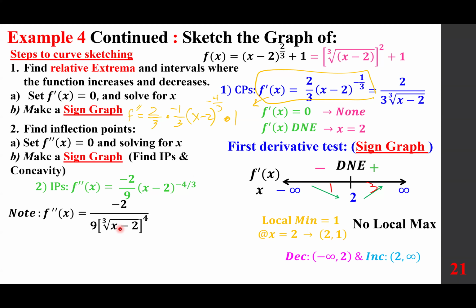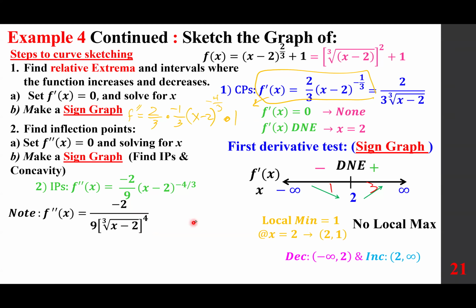Now, before we do the sign graph, you may notice 9 is always positive. X minus 2 cube root of that, positive, negative, it doesn't matter. 4, the exponent is even, is always positive, except when x is 2 and it is undefined.